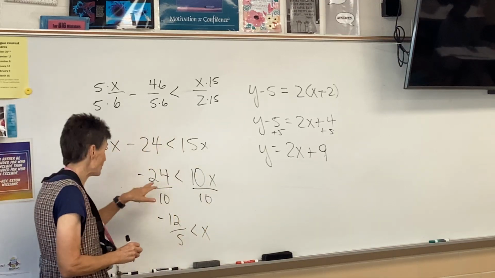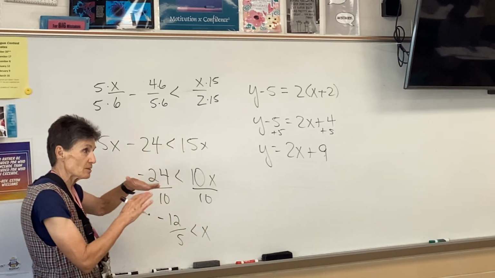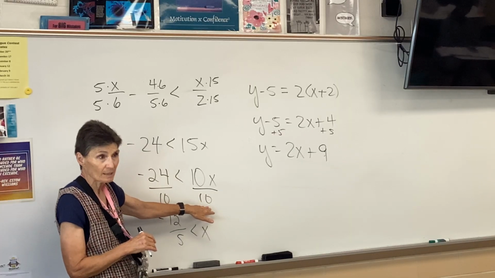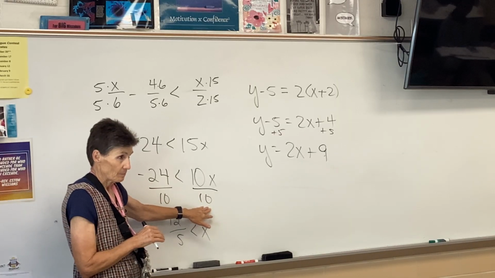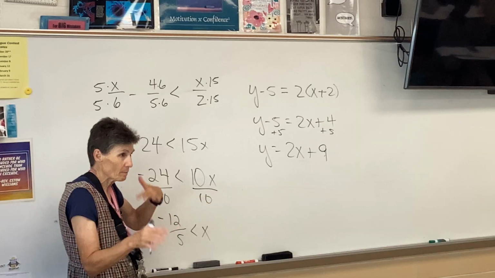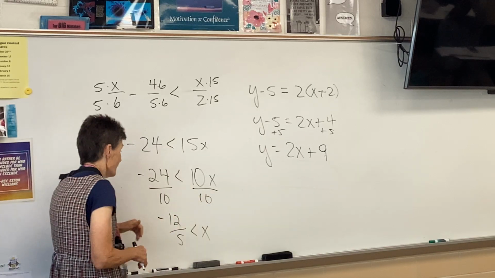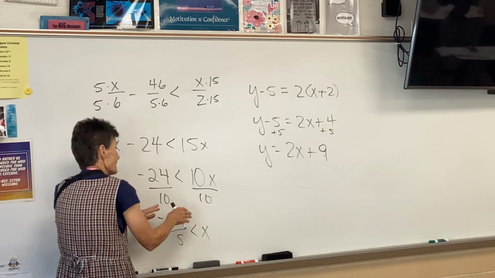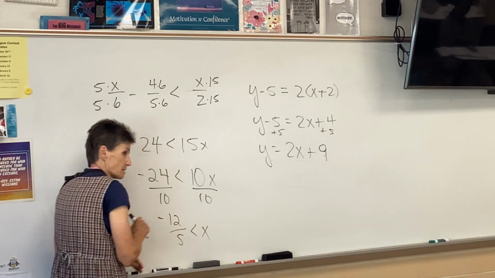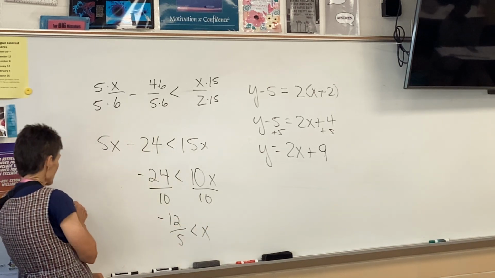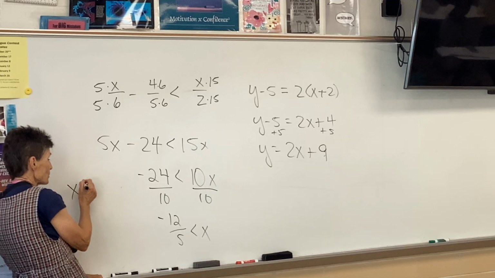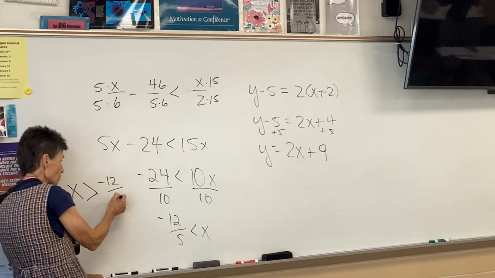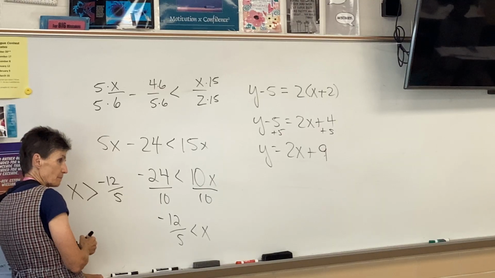Now notice, I know that's negative, but I didn't split my sign because I actually divided by 10. And that's what I care about. What am I dividing by? Now, -12/5 is less than x, which means x is greater than -12/5. Would you agree with that? Yes.